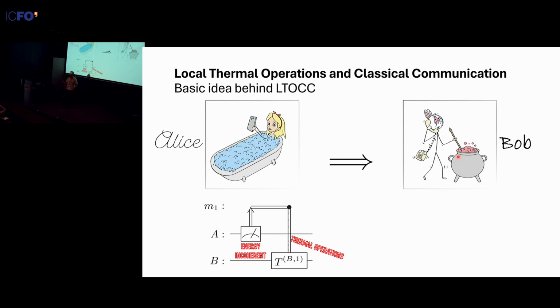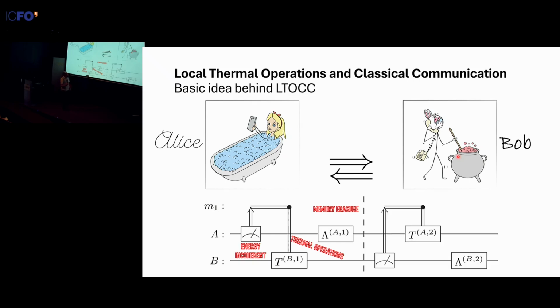Now, importantly, if we do not want to become Maxwell's demon, we need to erase the memory, while Alice is allowed to perform her own local thermal operations for post-processing. And the process begins in rounds, which essentially allows us to introduce classical communications between the parties.